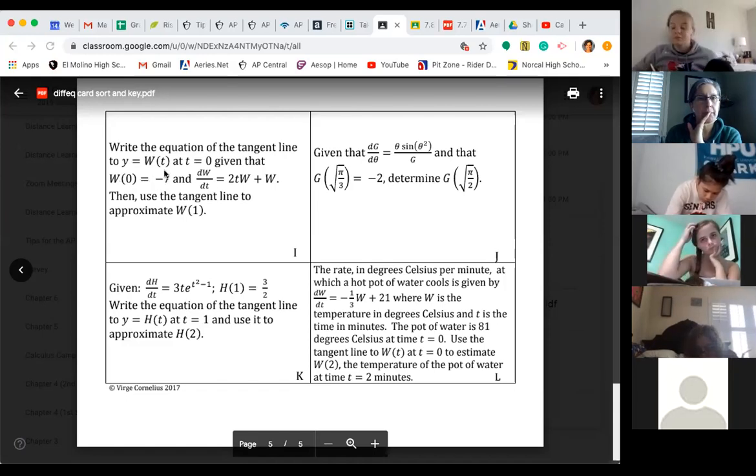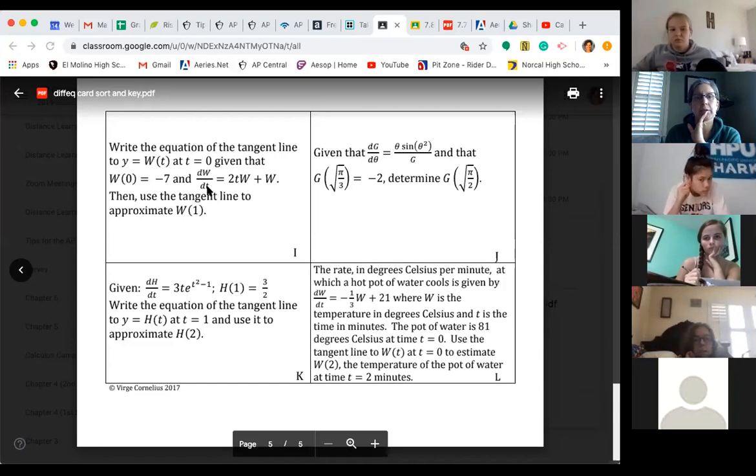Okay, so if I want the equation of a tangent line, I need the slope and I need the point. I have the point. And would you guys agree that this right here will give me the slope of the tangent line at any point on the solution curve? That's kind of what the derivative does, right? It tells us the slope of the tangent line.